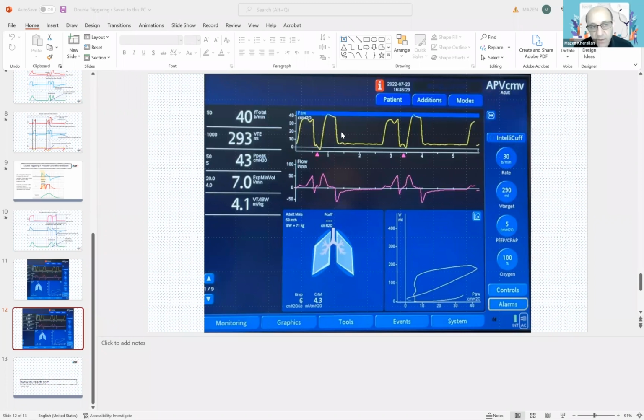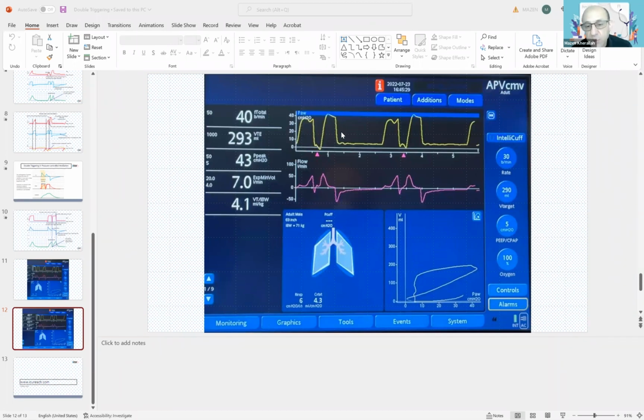As I mentioned earlier in other sessions, most of the machines now are set to be triggered based on the flow, because the sensor that we have is more responsive to flow changes. So double triggering has nothing to do with whether the breath is triggered by the pressure or by the flow.